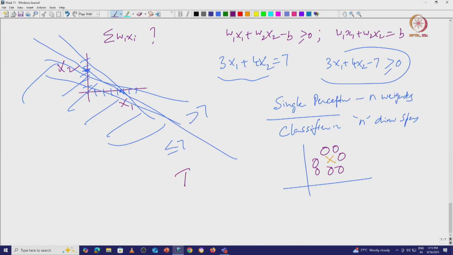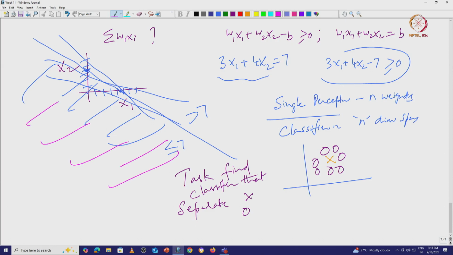The task is to find a classifier that separates all this data from this data. This classifier worked because it separated all data here from all data here. Now, I want something like that.